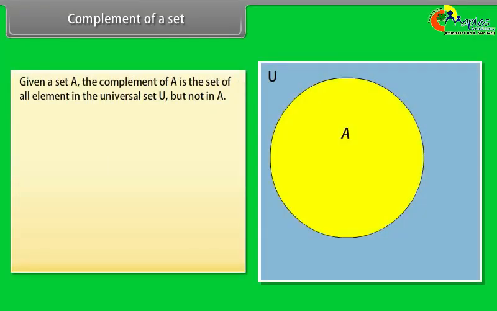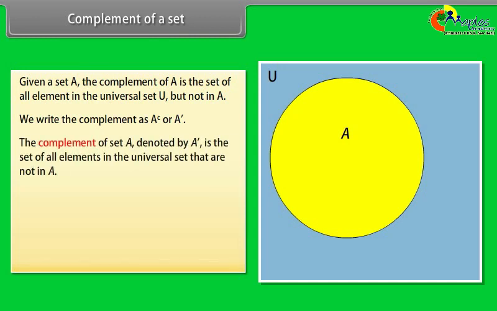Complement of a set. Given a set A, the complement of A is the set of all elements in the universal set U but not in A. In other words, the complement of set A, denoted by A dash, is the set of all elements in the universal set that are not in A. The shaded area outside A represents A dash.